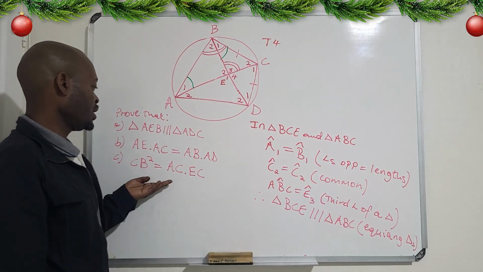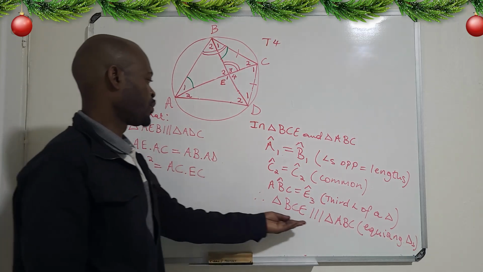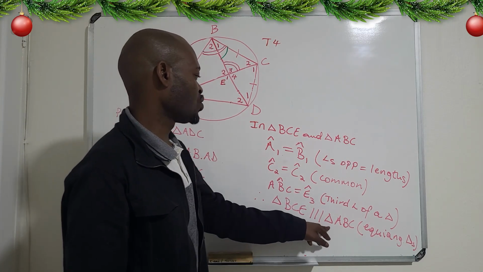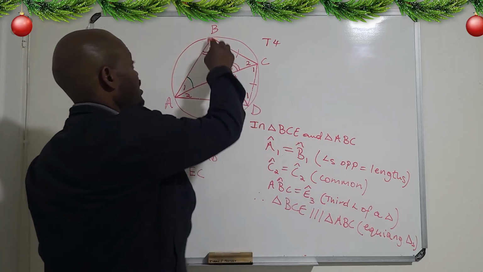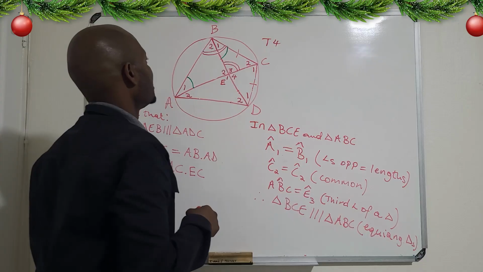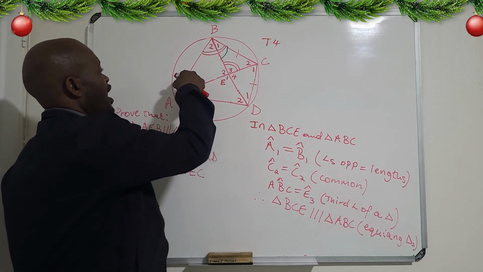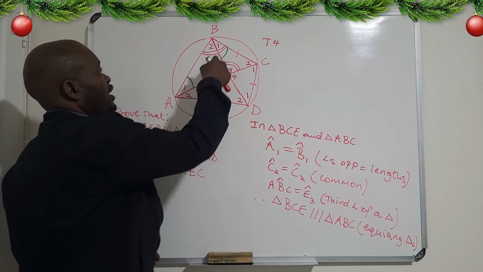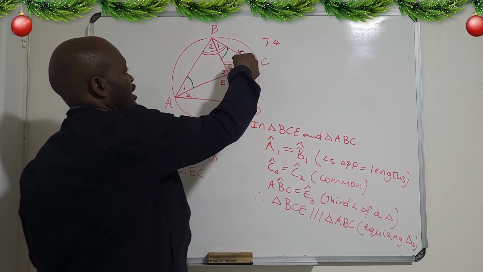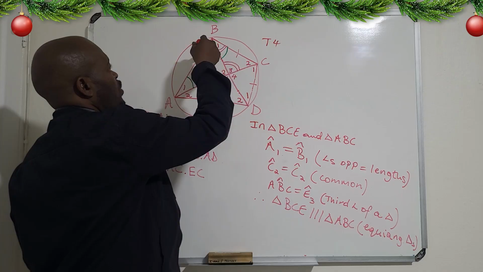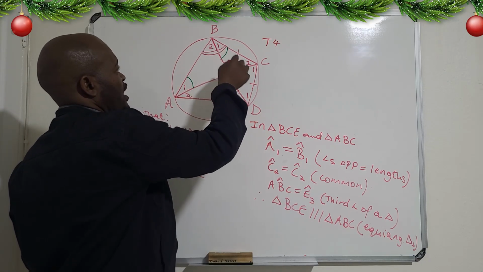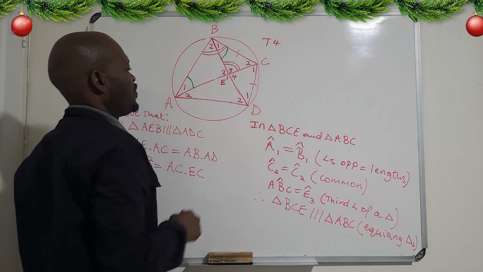Now, since we have proved that BCE is similar to ABC, and we have highlighted that this angle is equal to this angle, and we know that angle C is common, and that this angle in this triangle is equal to this angle in this triangle, then we can set up our ratio.